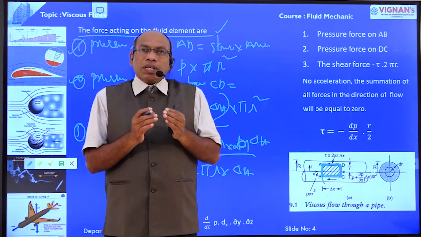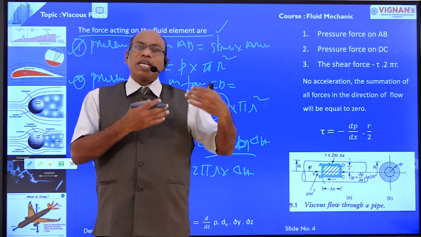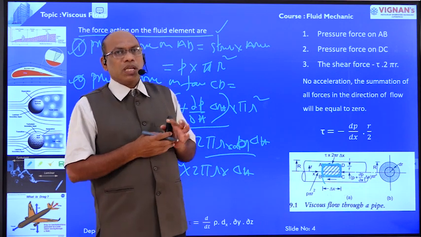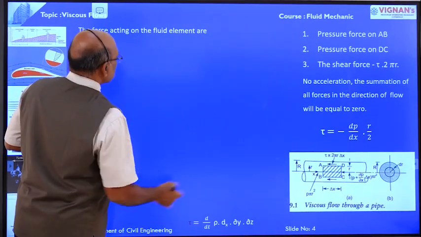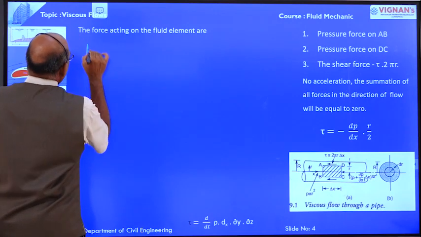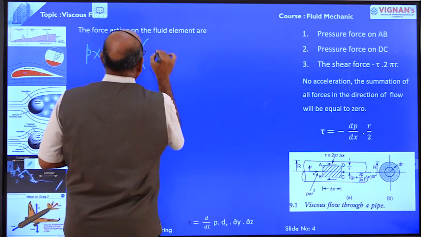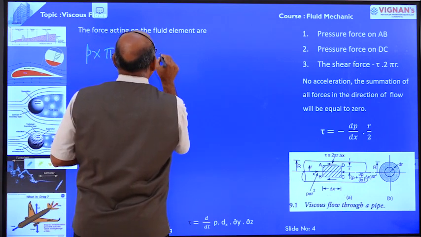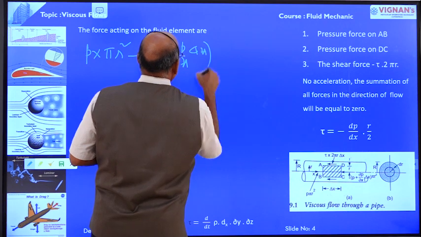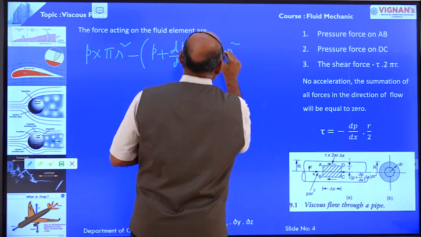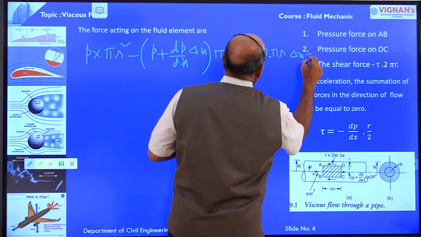In this case there is no acceleration, the flow is steady, because the flow is laminar and viscous. Therefore, the sum of these forces will be equal to 0. That means the force on AB, p into pi r square, minus the force on CD, p plus dP by dx into delta x into pi r square, minus tau into 2 pi r into delta x is equal to 0.